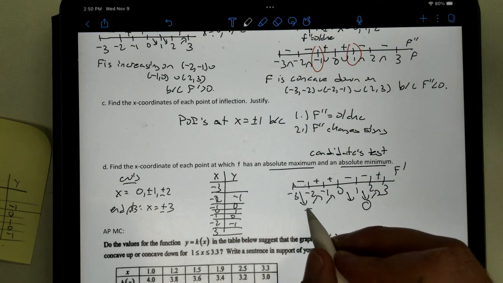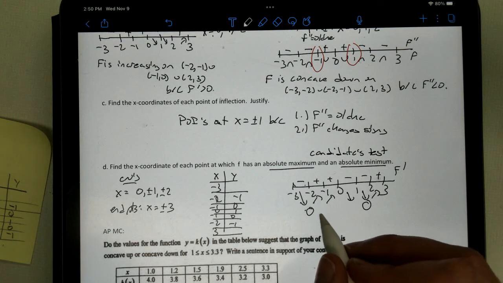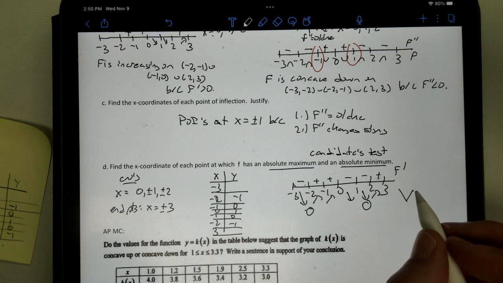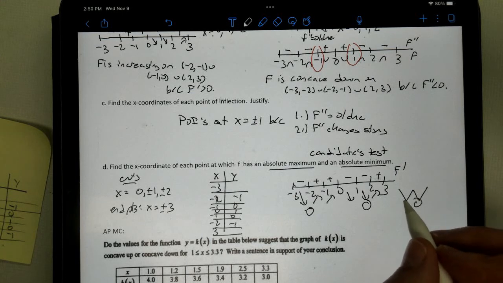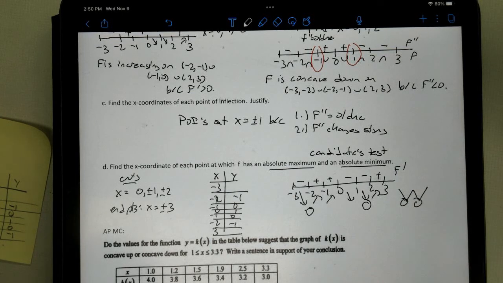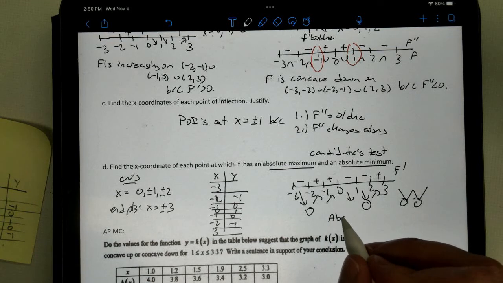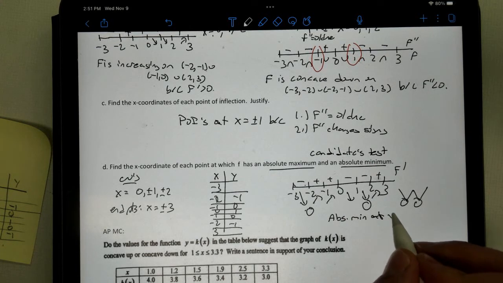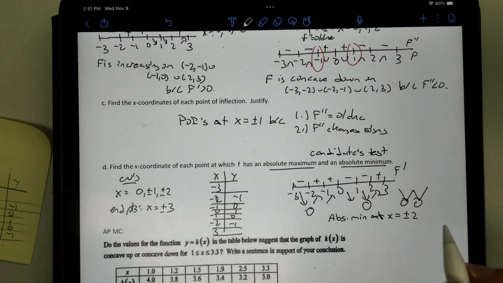Right here, we're going to have our absolute minimum. So it looks like this: goes down, up, down, up. At those 2 points, those are going to be the same value because of symmetry. So I can say that my absolute minimum occurs at the 2 x values, at x equals ±2.